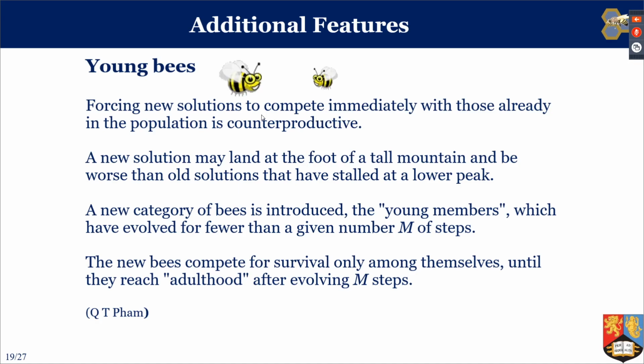So what Tuan suggested was that we protect these new bees and enable them to compete amongst themselves for a number of iterations before we release them in the wild to compete with established bees. And this enables us to explore the landscape and find new peaks that are taller than the existing peaks. And therefore, we have a better chance of finding the global optimum.